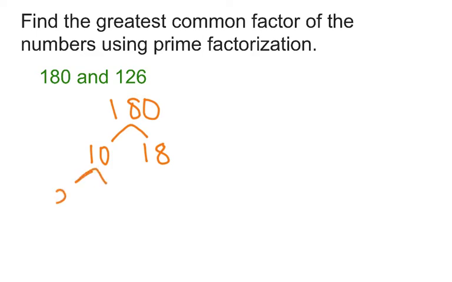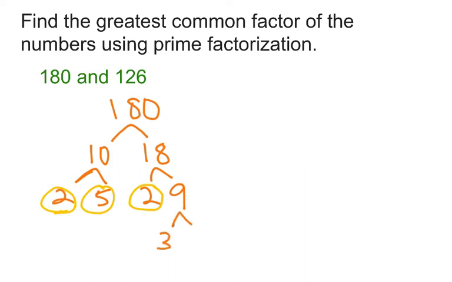So 10 can be broken down into 2 times 5, and I know that 2 and 5 are prime. And 18 can be broken down to 2 times 9. Now 2 is prime, but 9 is composite, so that one I can further break down into 3 times 3, both of which are prime.